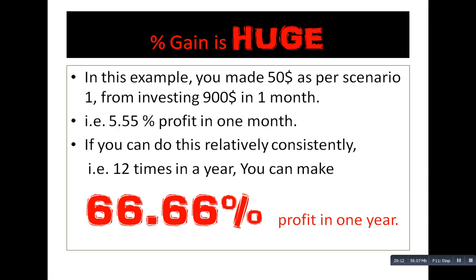If you can do this month on month and frequently, making 5.55% every month, you're going to make approximately 66% on your investment in a year, which is a very, very good return, right?